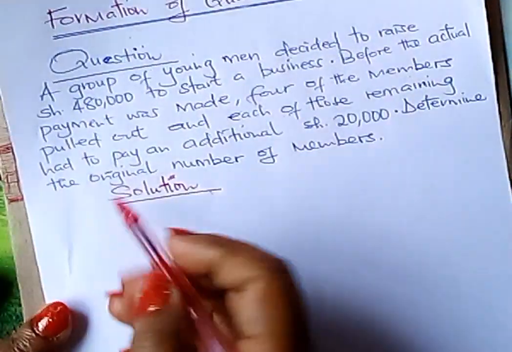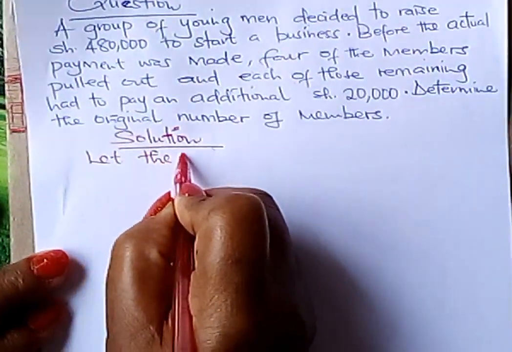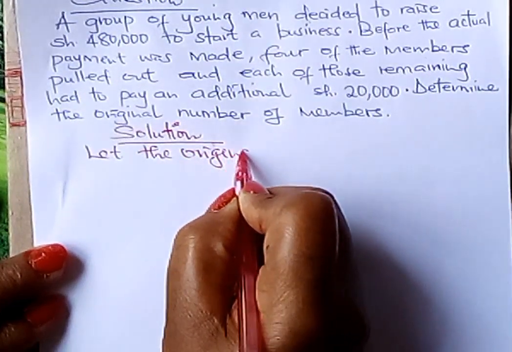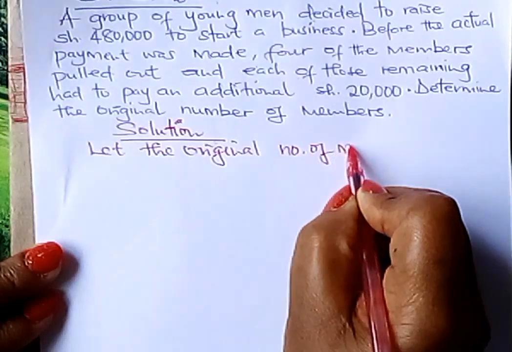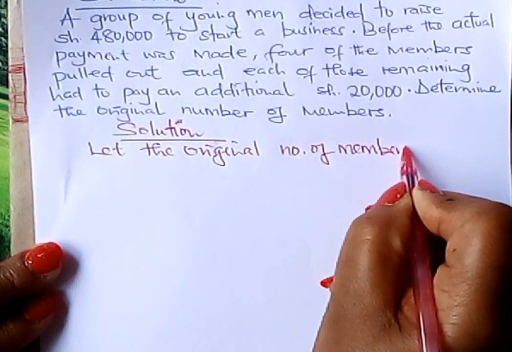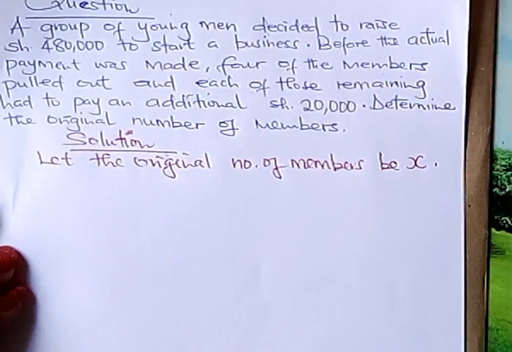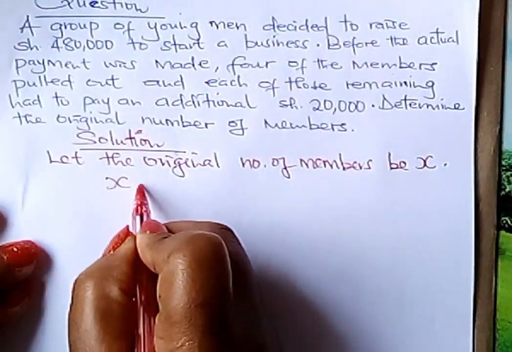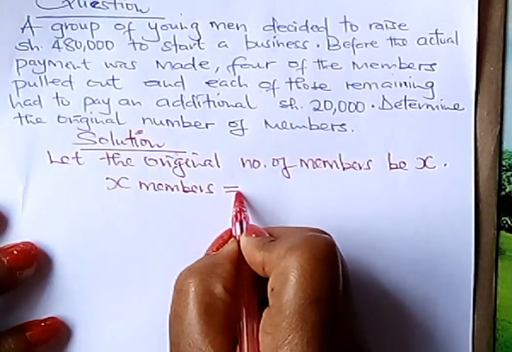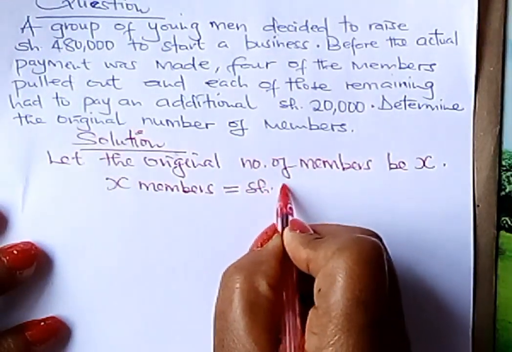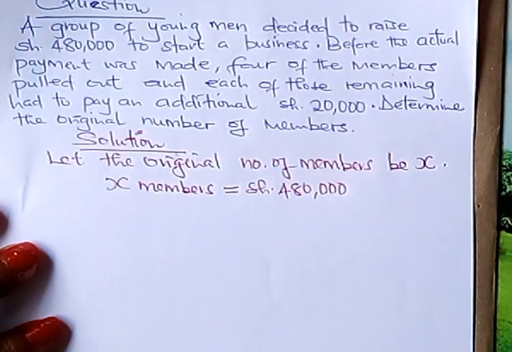So, solution. Let the original number of members be x. Therefore, x members at the beginning were to contribute 480,000 shillings.